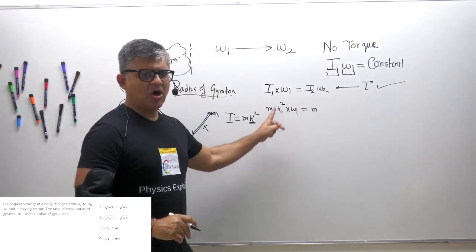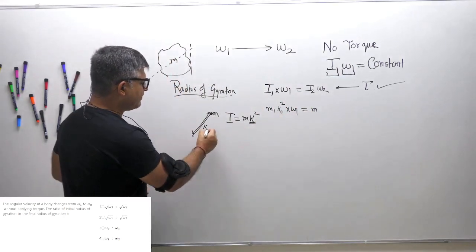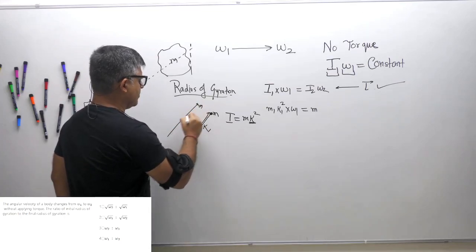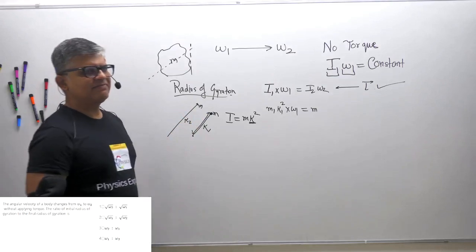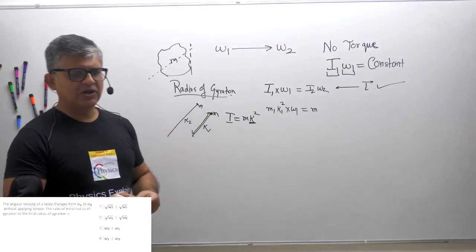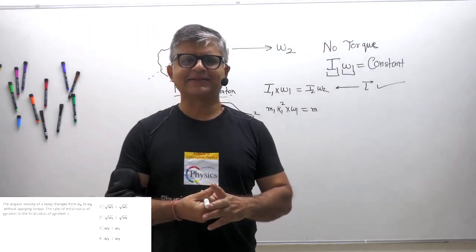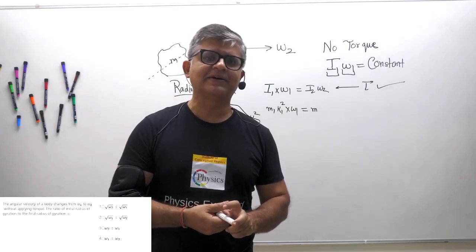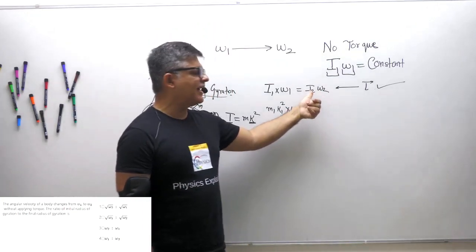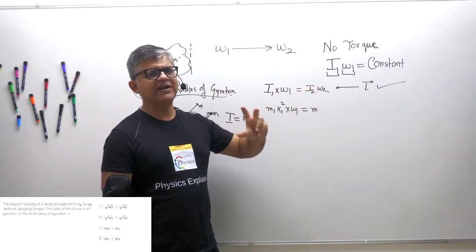Now, I1 can be written as M1 K1 squared into omega 1 is equal to M K2 squared into omega 2. The mass on both sides remains the same because it is the same mass, whether you keep it at K1 or at K2. It really doesn't matter because the increase or decrease in moment of inertia because of a change in radius of gyration is compensated by an increase or decrease in the angular velocity. So if the angular velocity has gone up, I has to go down, and it is changed by changing the radius of gyration.